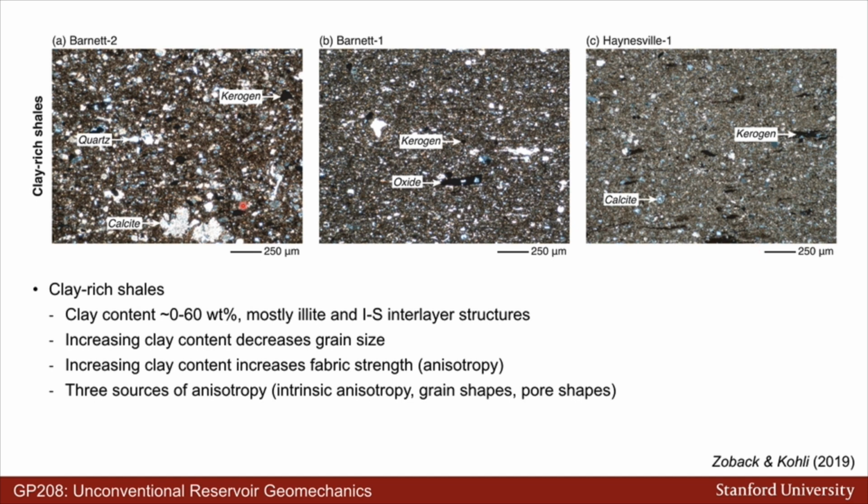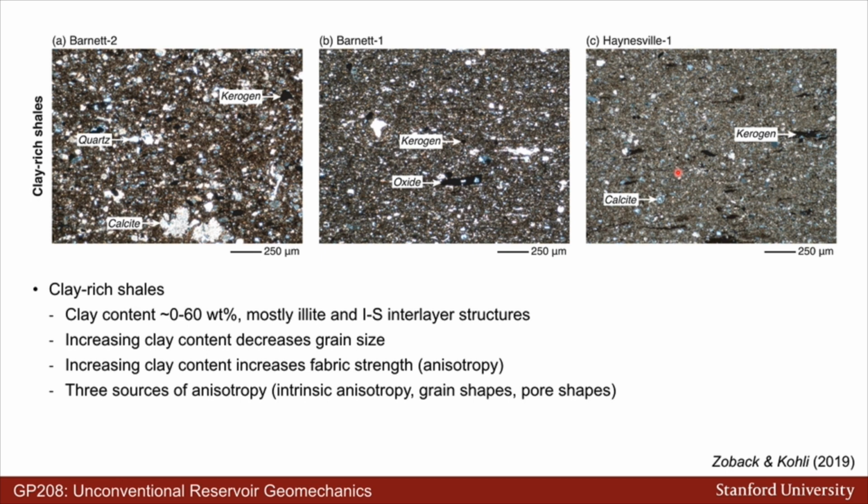If we just compare the left and the right images, both the grain size and the grain shape are changing. The grain size is, of course, decreasing because we're moving from larger particles of calcite and quartz to smaller particles of clay that are inside the matrix. The grain shape is decreasing because we're moving from these equant to circular grains of quartz and calcite to, again, these layered structures of clays, as we saw in that example from the Haynesville.